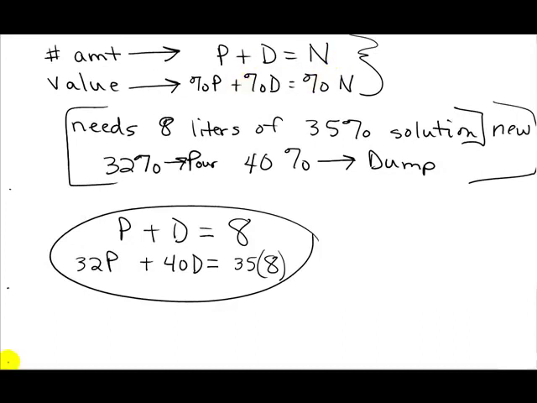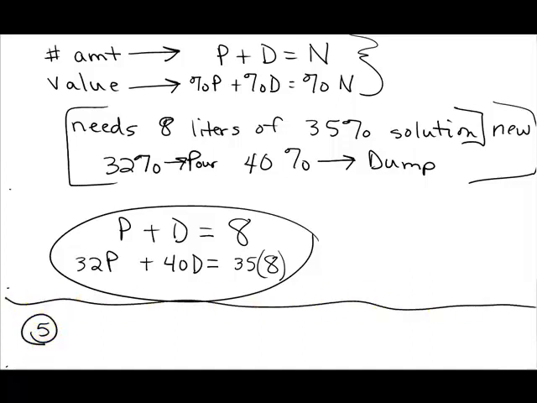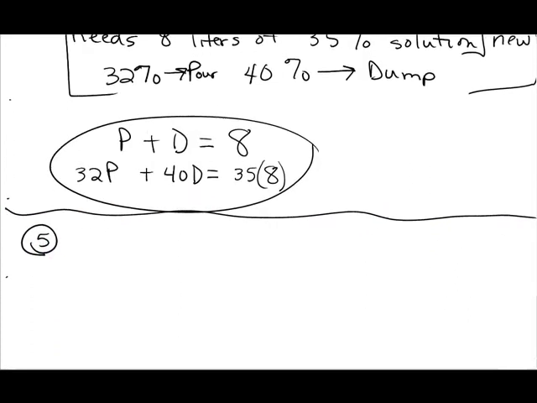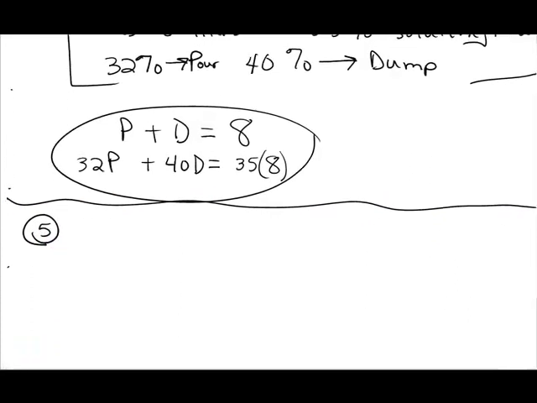Okay, so I want to keep in mind these problems here. And so I'm going to go ahead and set up number 5, and then we're going to solve it. Okay, so what we've got: a chemist needs 150 milliliters of a 50% solution. That's the new stuff. He has 17% and 62% solutions available.